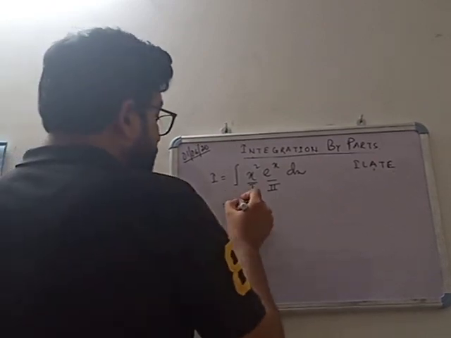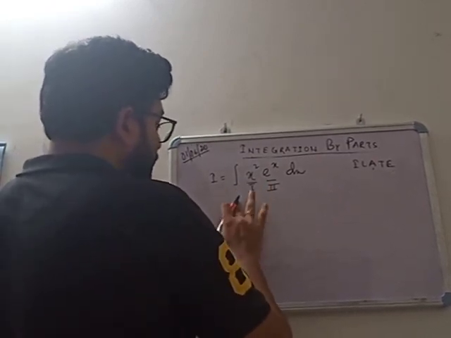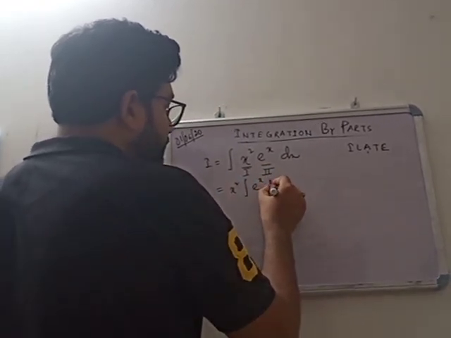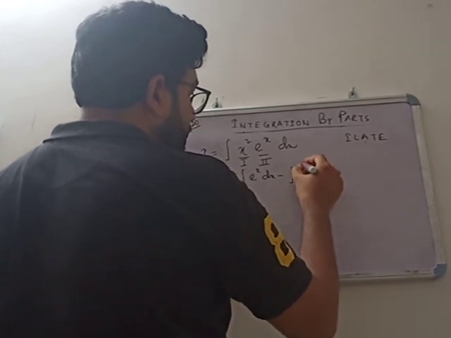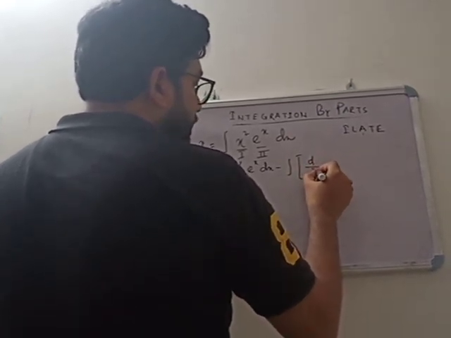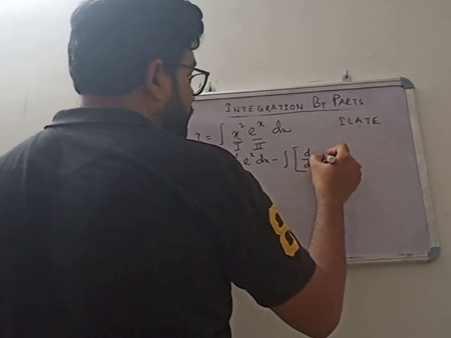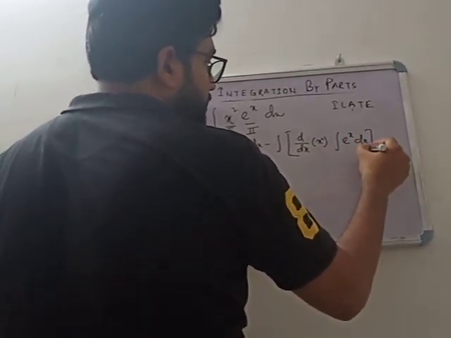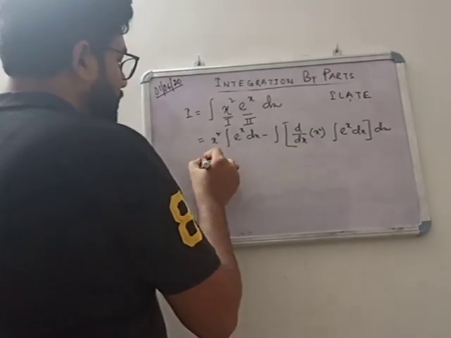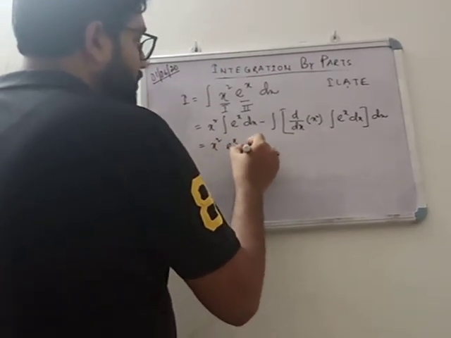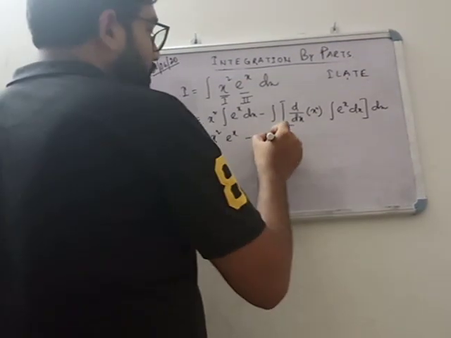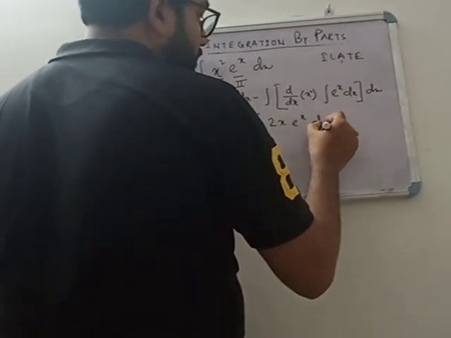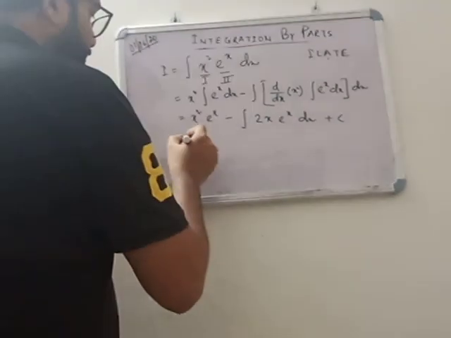So x² e^x dx minus d/dx of x² into e^x dx. So x² e^x minus integration of 2x e^x dx plus c.